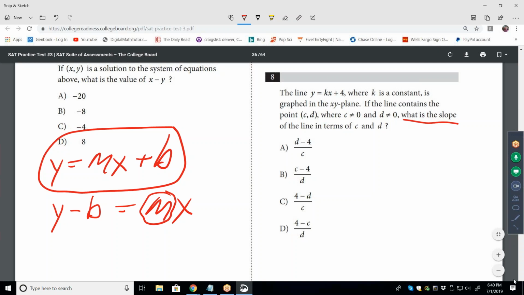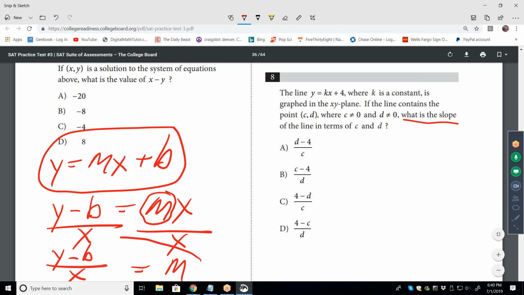Okay, what's the x currently doing? Is it multiplying, dividing, added, or subtracted? Okay, so what do I have to do to get rid of it? Okay, so I got to divide both sides by x. And now I have m equals y minus b over x. Well, that's close to one of the answers.